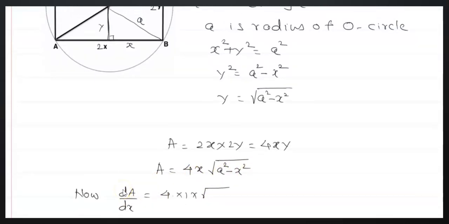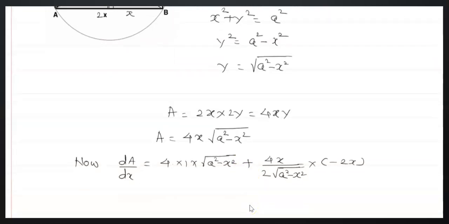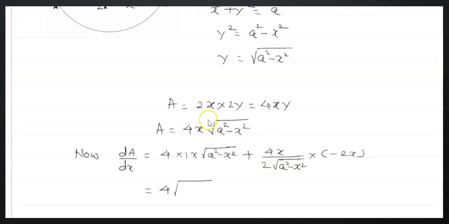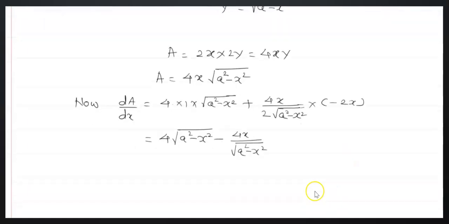dA upon dx is equal to, here we will apply the product rule. The derivative of x is 1 into root of a square minus x square, plus 4x into the derivative of root of a square minus x square, that is 1 upon 2 root of a square minus x square into the derivative of a square minus x square, that is minus 2x.